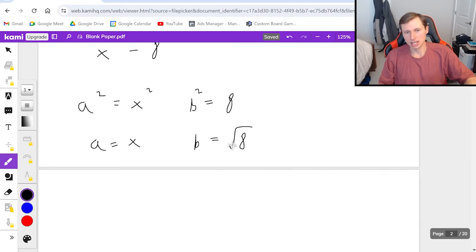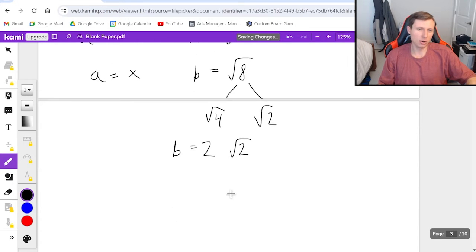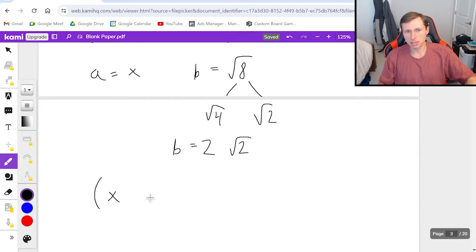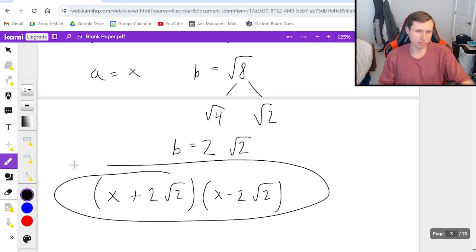So for instance, the square root of 8 can be broken up into root 4 and root 2, and root 4 is really 2, so this becomes 2 root 2. b equals 2 root 2. So putting it all together then, a plus b, x plus 2 root 2, times a minus b, x minus 2 root 2. And there's our answer for that one.